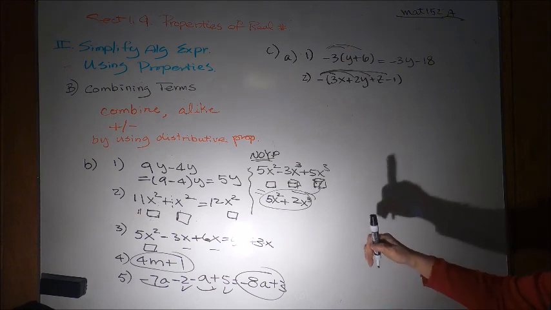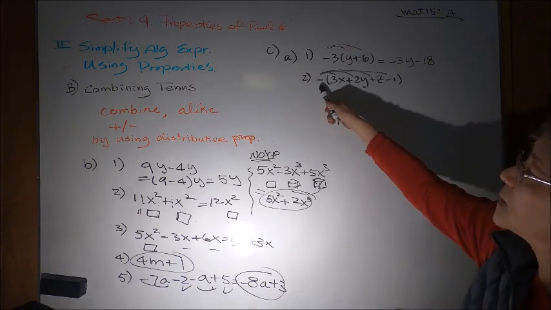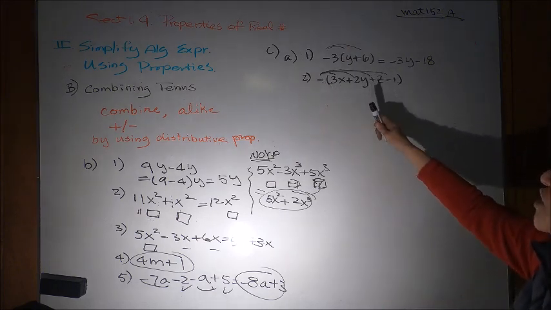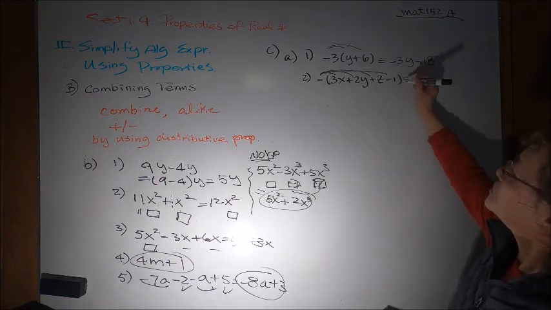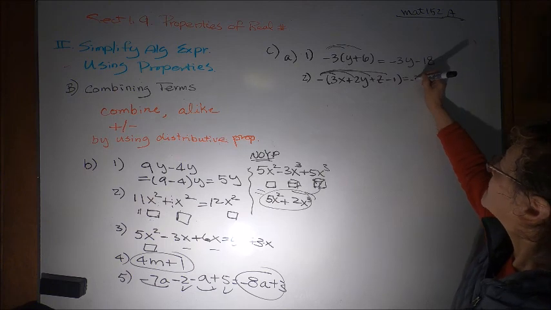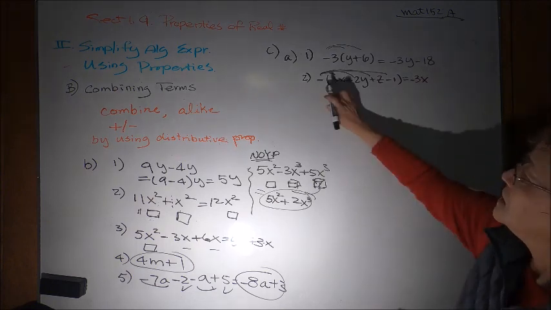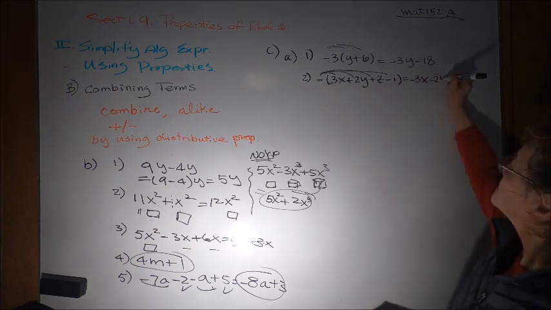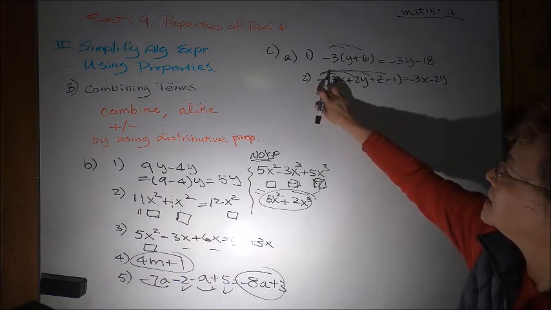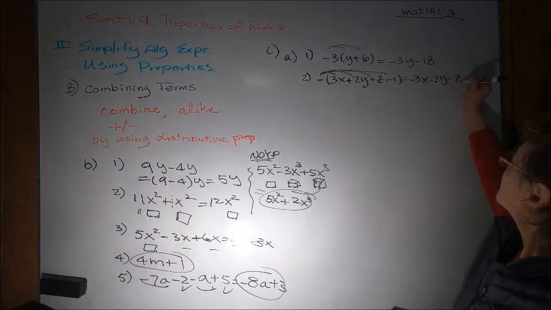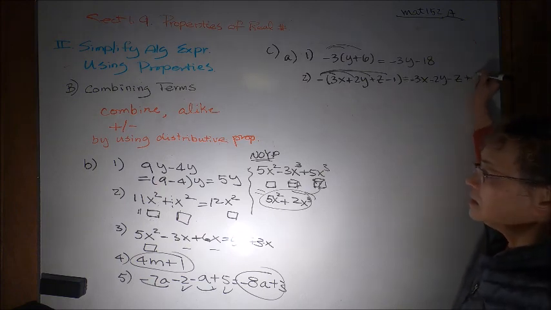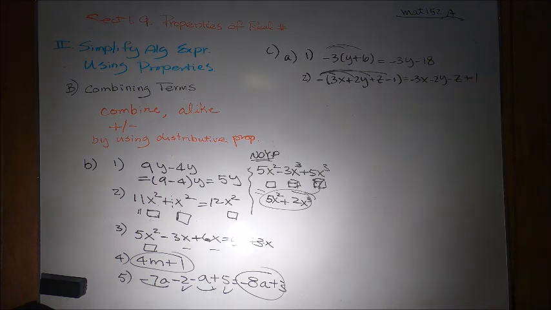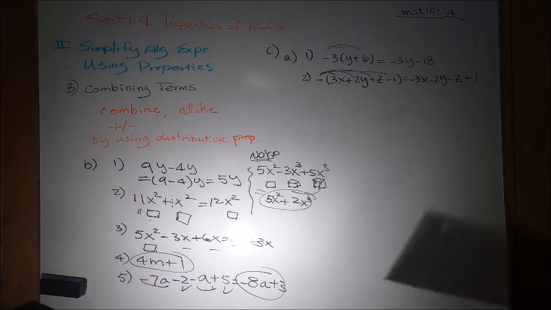If you multiply by negative, everybody changes signs. So you will have negative times positive, negative 3x, negative 2y, negative z, and negative times -1, that would be positive 1. Right?